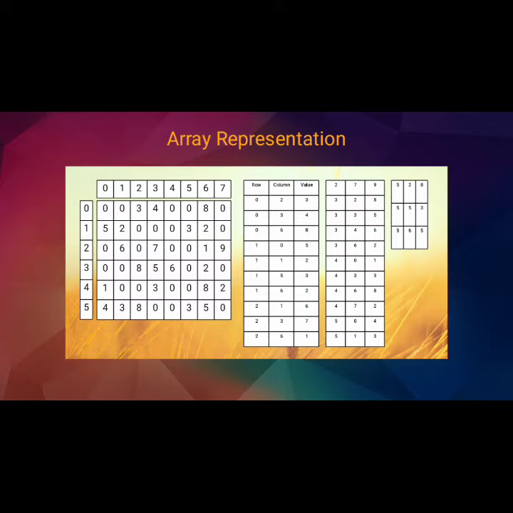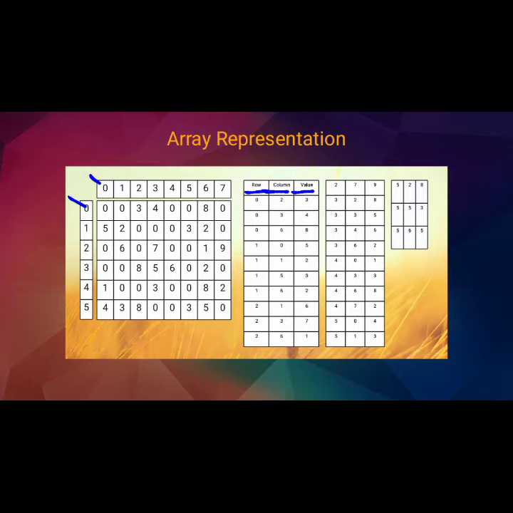So this is an example of how we present the array representation of a sparse matrix, which has three rows named row, column, and value. Here is the index column and this is the index row.